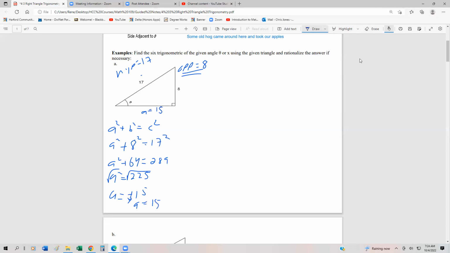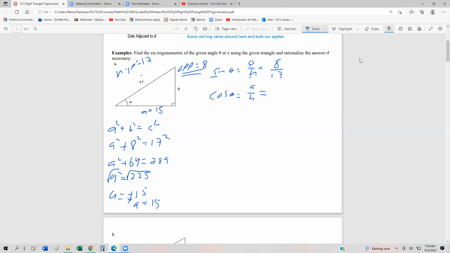All right. Now that we know this, we can get our sine function. So the sine of theta, which is the opposite over hypotenuse, is going to be equal to 8 over 17. And then CAH, the cosine of theta, is adjacent over hypotenuse, right?